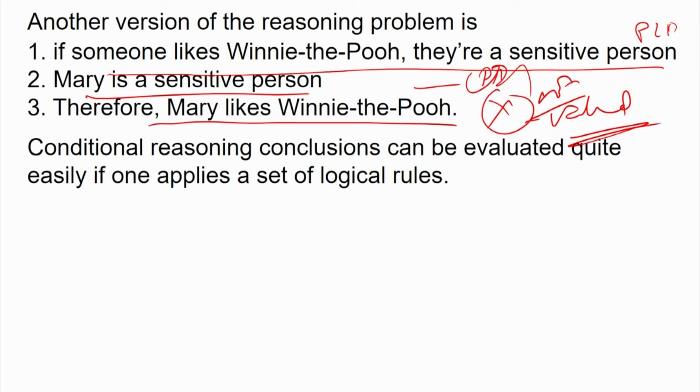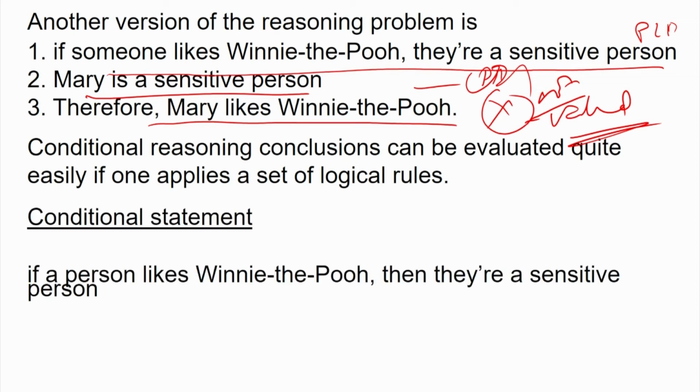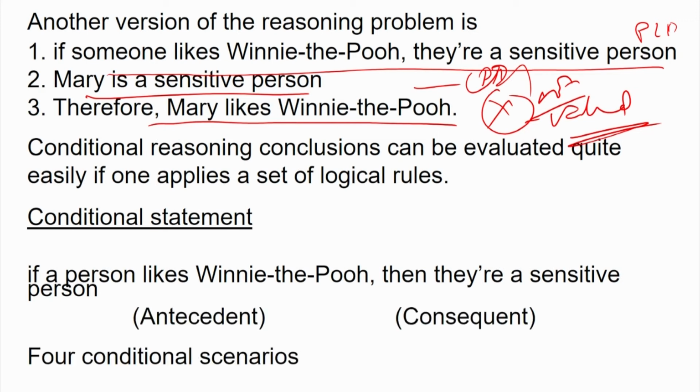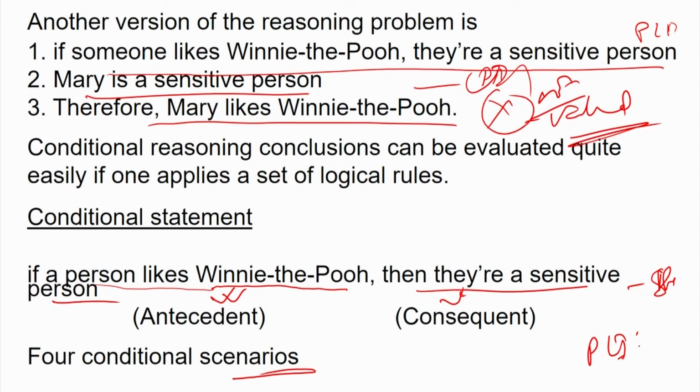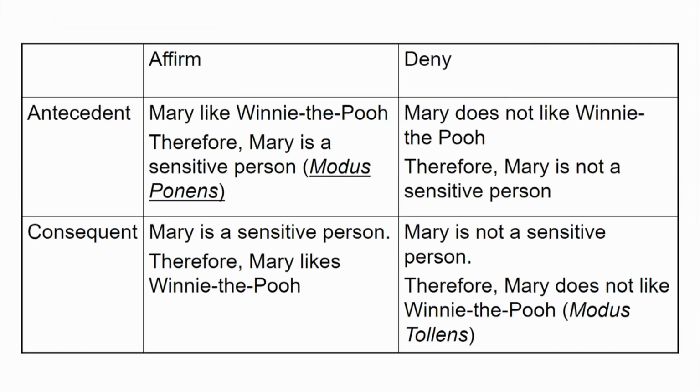So, how do we know which statements are correct and which are not? How do we look at a particular conditional statement and find out whether it is valid or not? Let us take this conditional statement: if someone likes Winnie the Pooh, which is the antecedent, then they are a sensitive person, which is the consequent. Four scenarios can develop out of it. This is the first statement, and then any second premise I draw from it can go any of the ways. What do I mean by this?